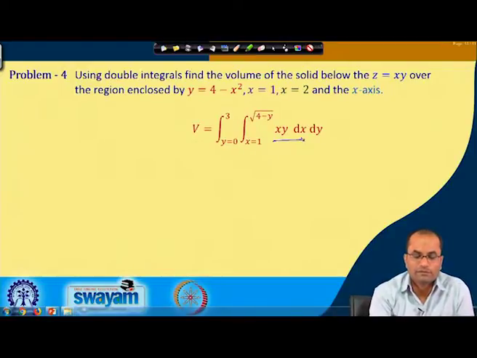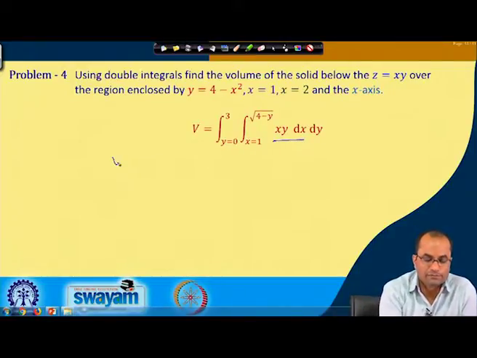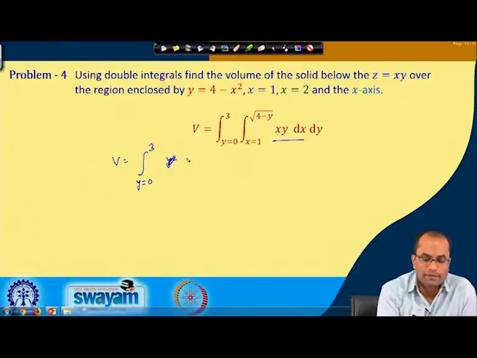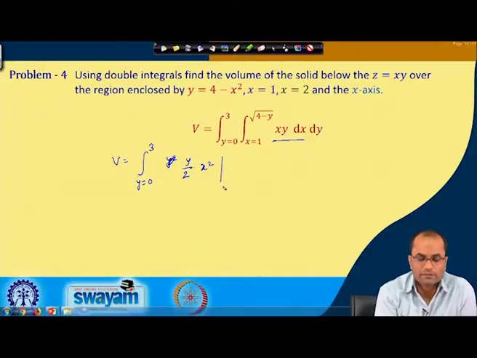We integrate with respect to x first, so that gives y by 2 times x squared.